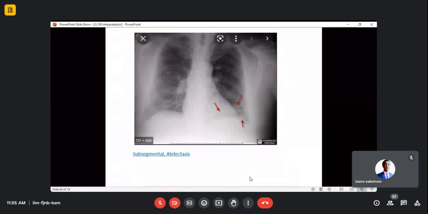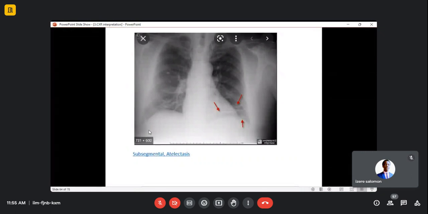Number 3. If I analyze this chest radiograph, it's technically good. I don't see any problem, though it was somehow under-penetrated. That's the reason the lungs are whitish somehow. They're not as clear as they are supposed to be.